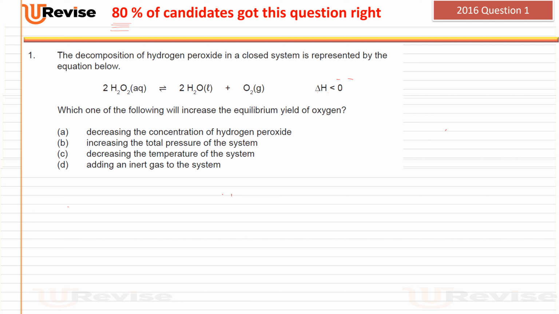The question reads, the decomposition of hydrogen peroxide in a closed system is represented by the equation below. So we've got hydrogen peroxide decomposing, forming water and oxygen. Delta H is less than 0, which means delta H is negative.